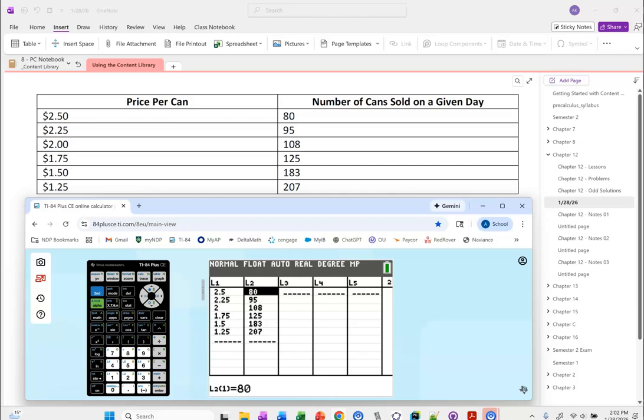So if you have a price and the number of things sold at that price, the change in price should be causing a change in the number of things sold, right? So the cause should be X and the effect should be Y. So in our case, the price should be the cause and the Y should be the numbers. Does that feel okay?